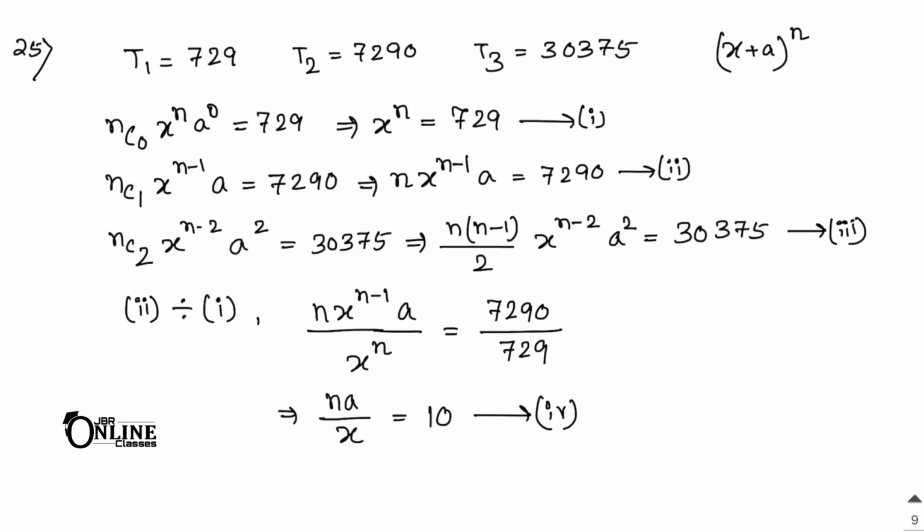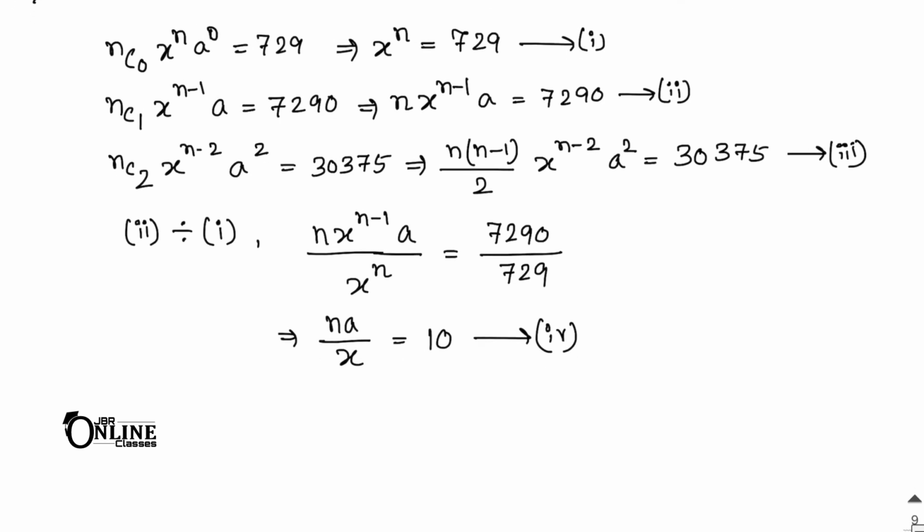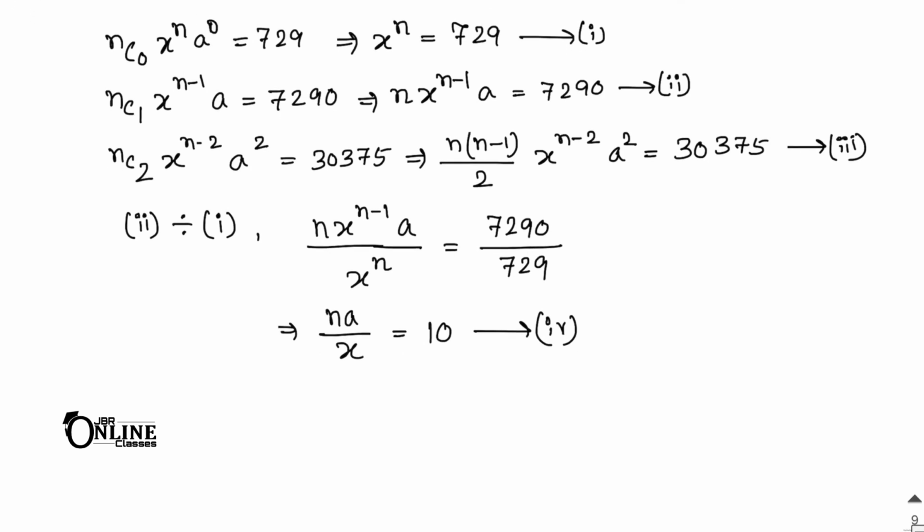Now next, what we'll do: multiply equation 1 and equation 3, then divide the result by the product of the square of the two. Okay, be very careful about that. First you have to multiply equation 1 and equation 3.